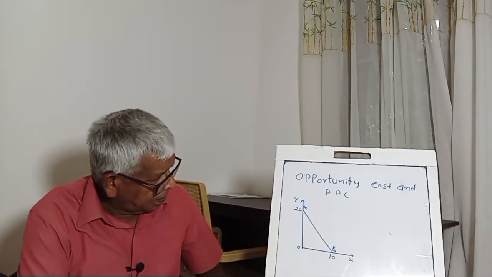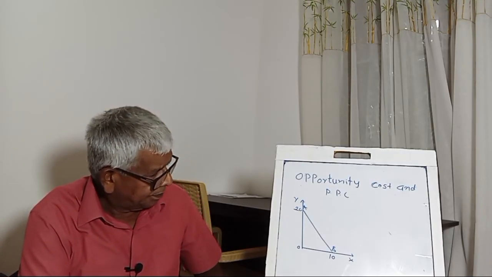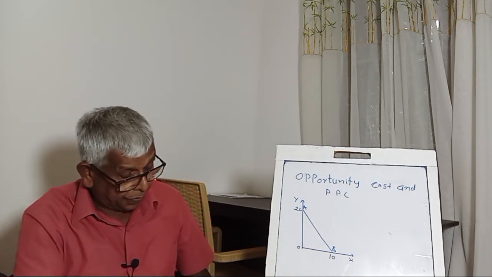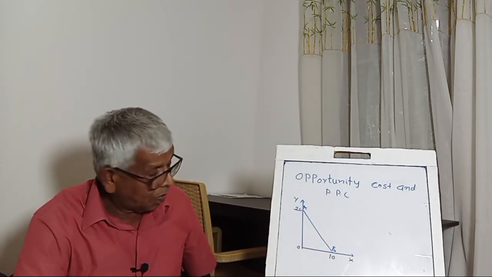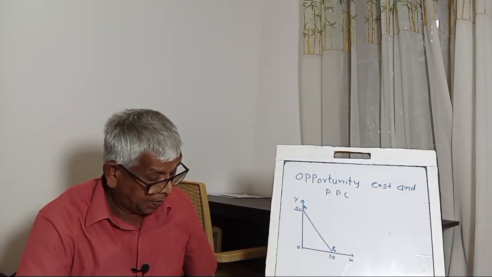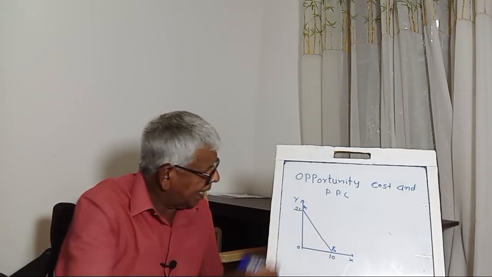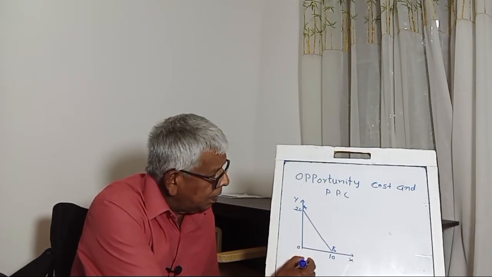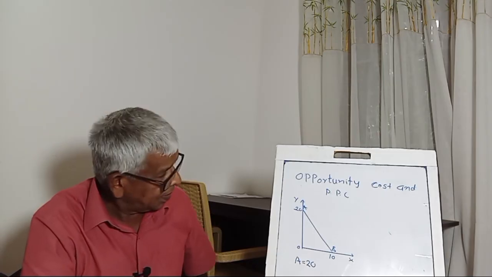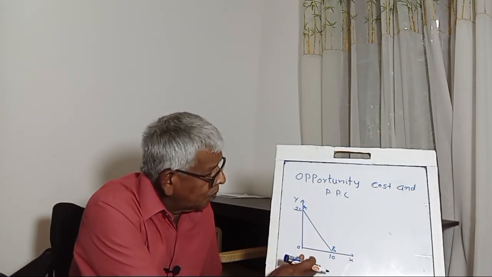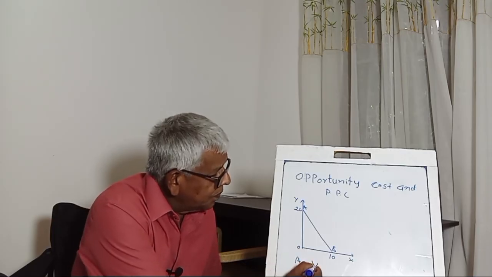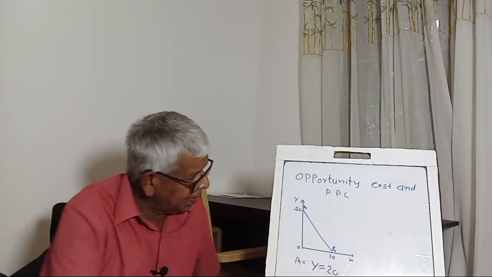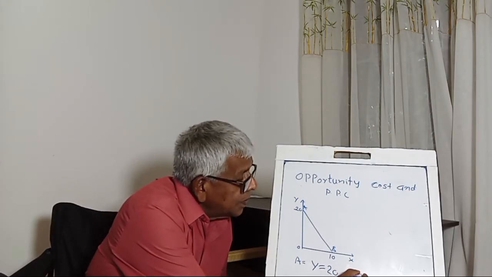Here, look at the figure. It shows Y goods and X goods. At point A, x equals 0 and y equals 20.